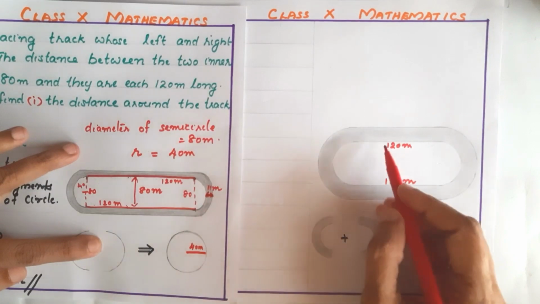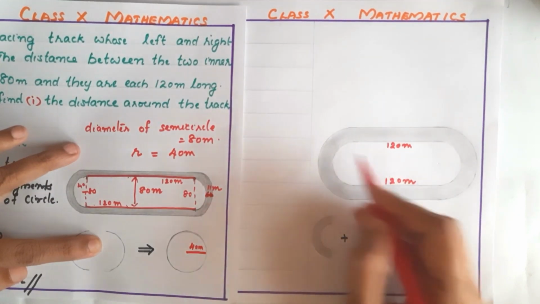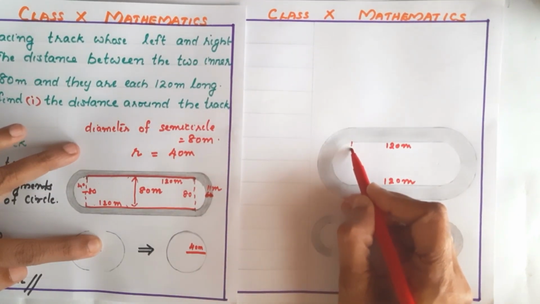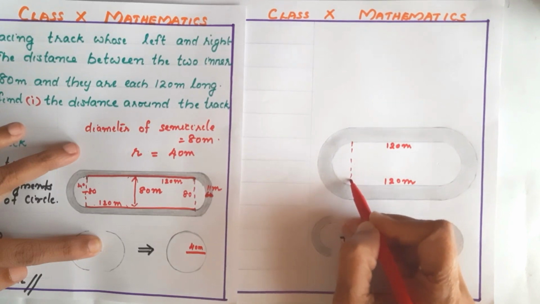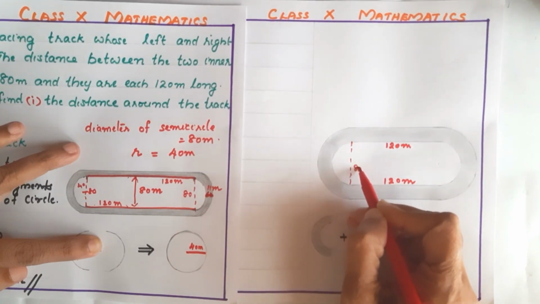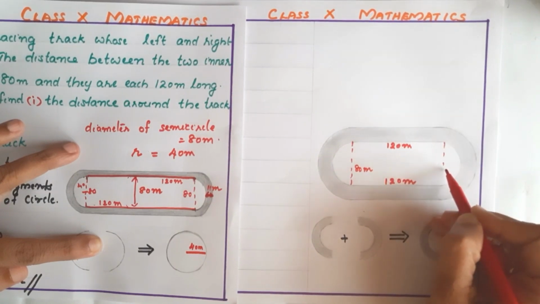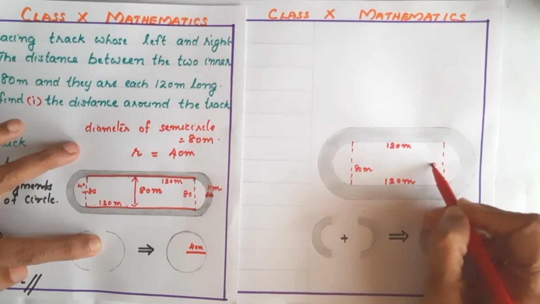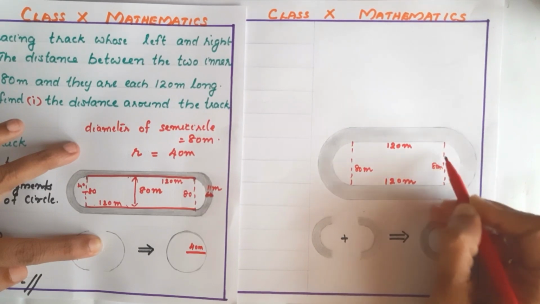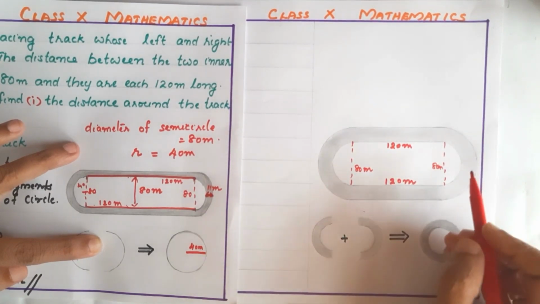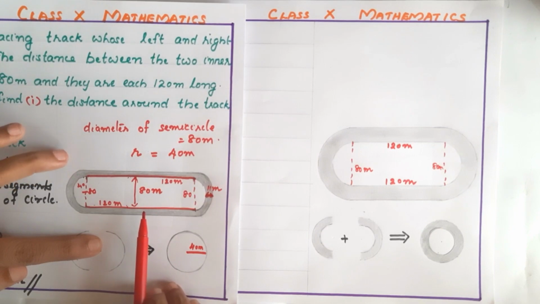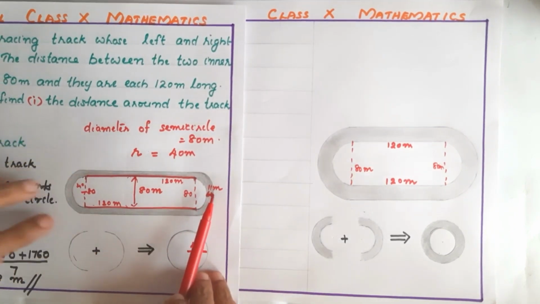Then this width is given as 80 meter, and here also we have another semicircle. It's 80 meter diameter.